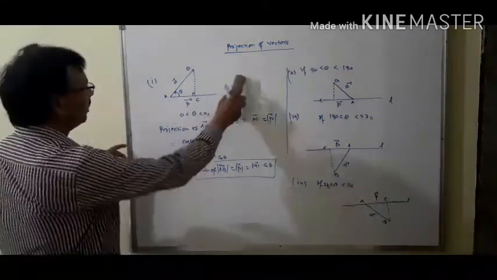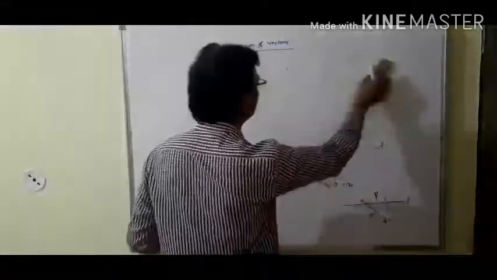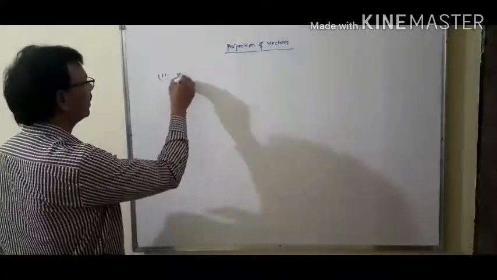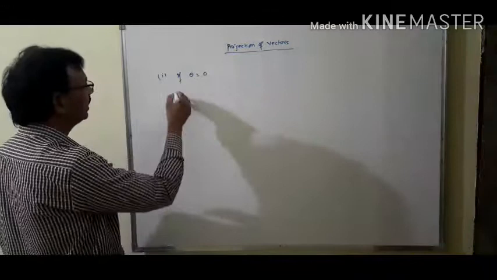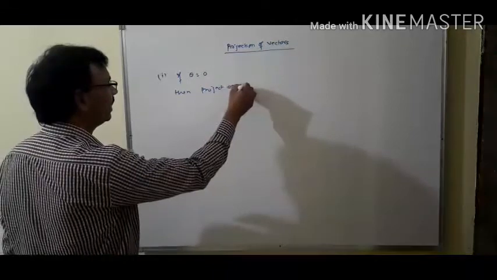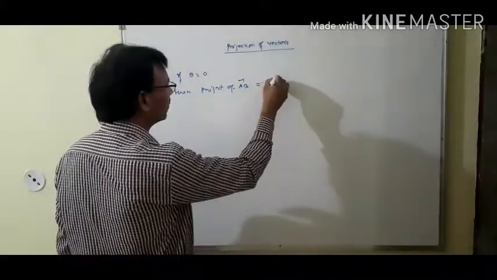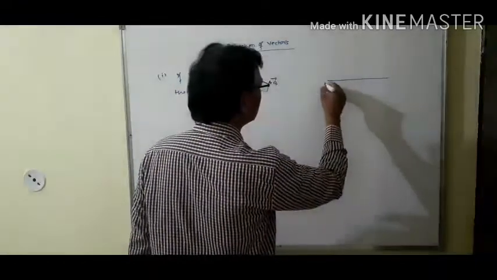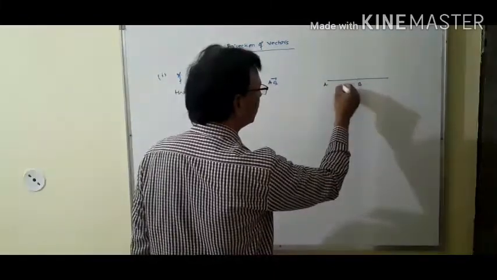Now we will discuss if angle is equal to 0 degree. If theta equals 0 degree, then projection of AB will be equal to AB. Suppose this is a line A and this is B. Theta is 0 degree, so projection will be AB.